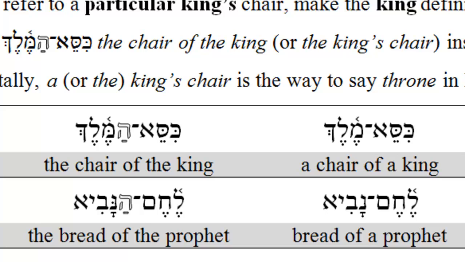Suppose in another example that you see some bread that belongs to a prophet. You would say, this is a prophet's bread, lechem navi.